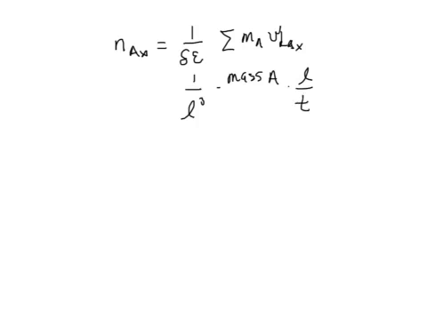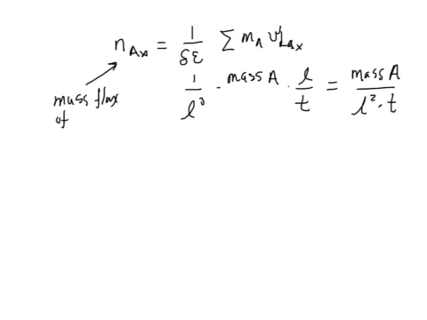So the net result then is mass of A divided by length squared, which is an area, times time. So those are the units of the mass flux of A in the lab frame. And the lab frame is a stationary frame, a fixed frame.